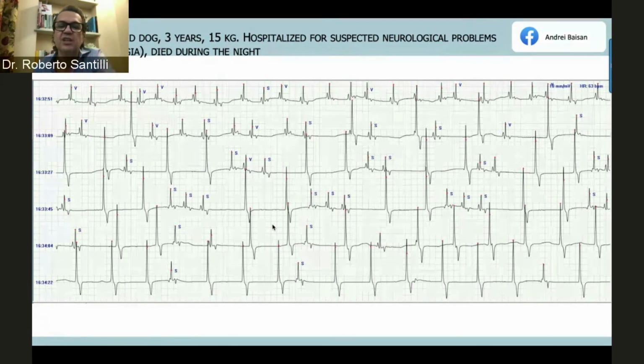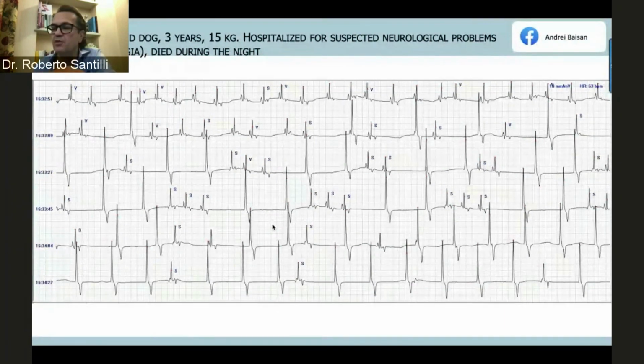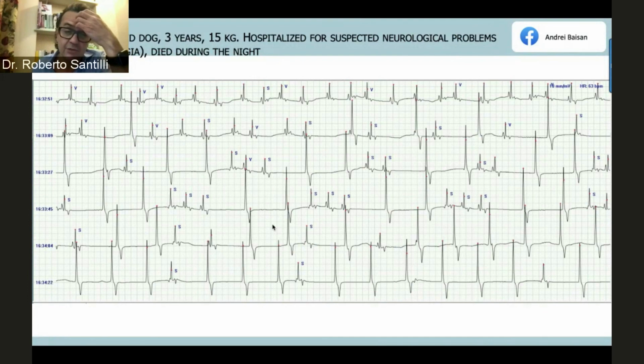Maybe if you put this case on our webpage, or in the Facebook group, I can talk with our neurologist and try to find something about the correlation between polyradiculoneuritis and either sinus node dysfunction, which to me is very unlikely, or a central problem.